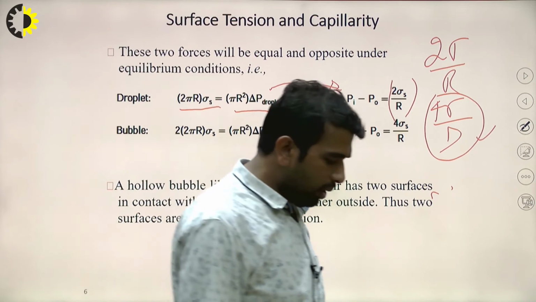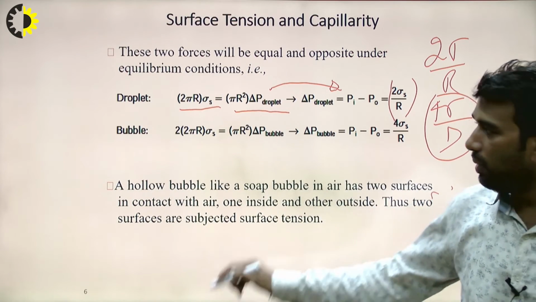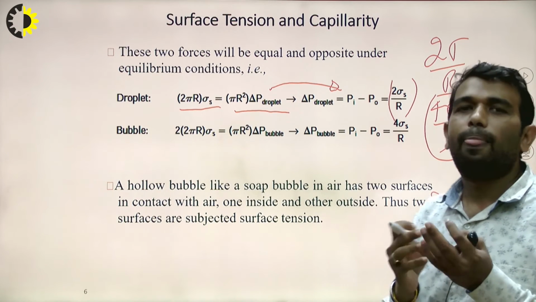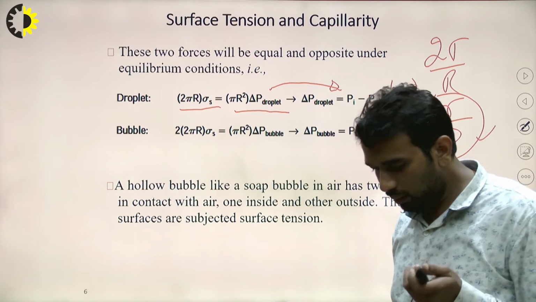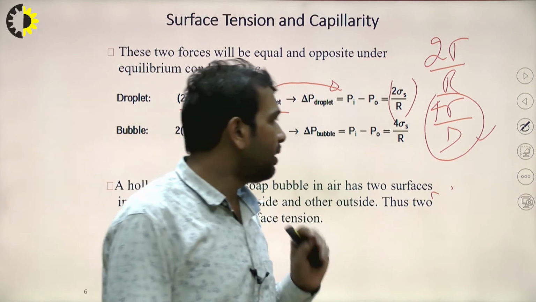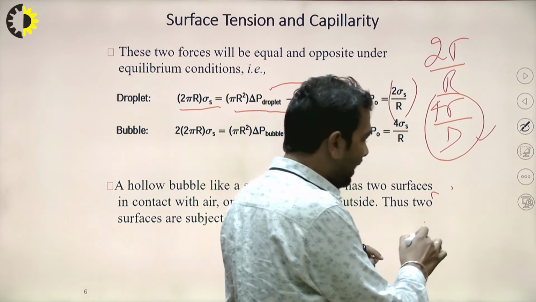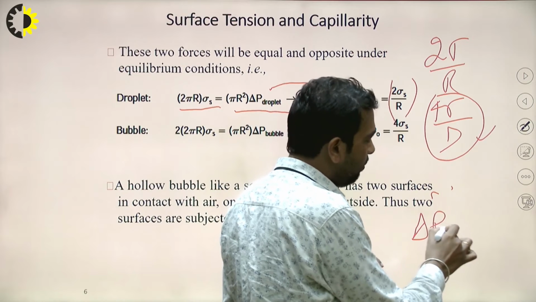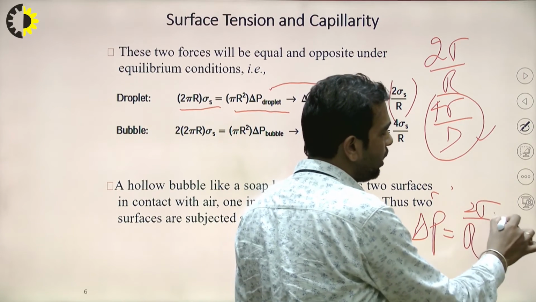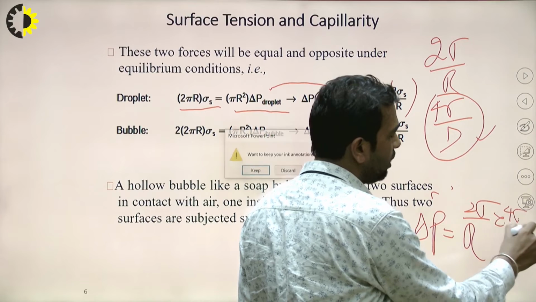In the same way, we establish that if any fluid has a droplet, inside the droplet it is going to create an extra pressure, del P, which must be equal to 2 sigma by r, or you can also write that as 4 sigma by d.